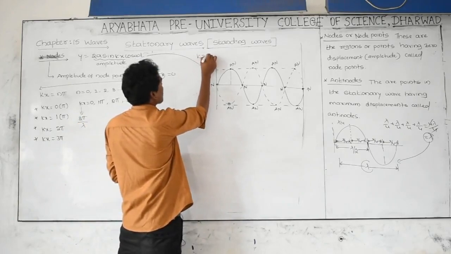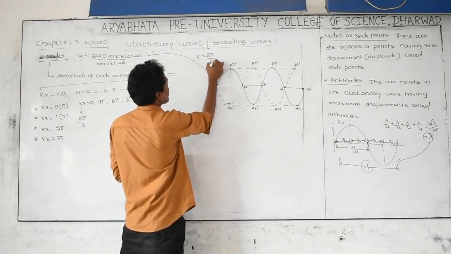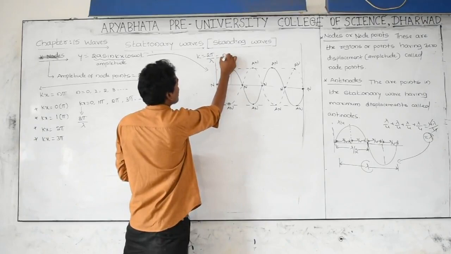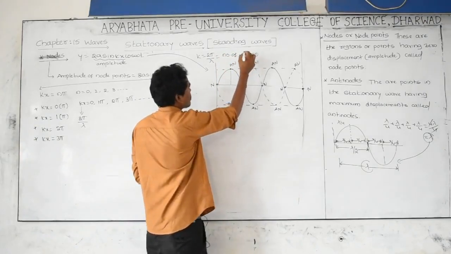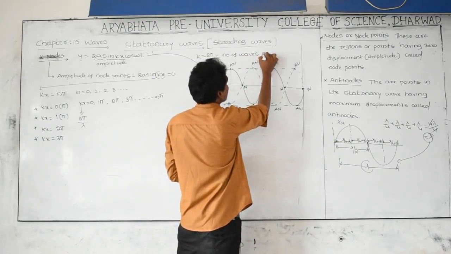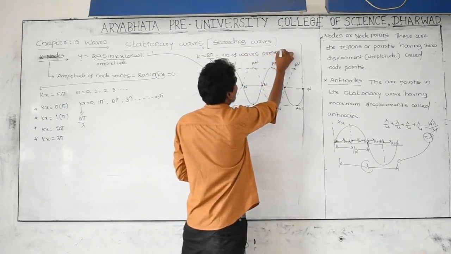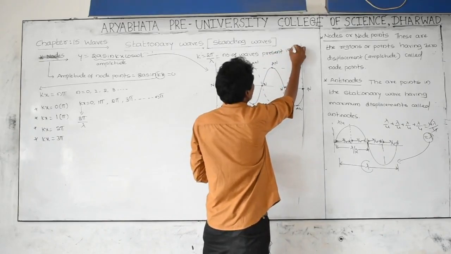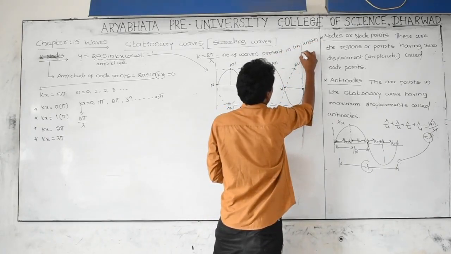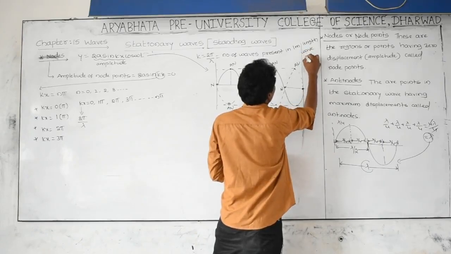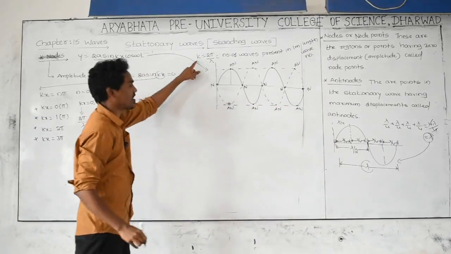K is nothing but the number of waves present in 1 meter of length. The number of waves present in 1 meter of length is called the wave number, indicated as K.